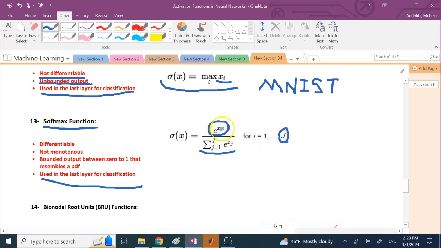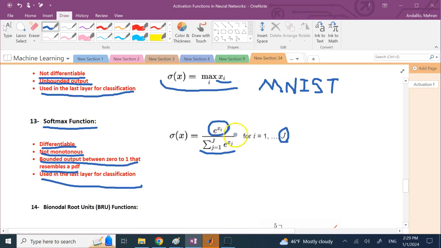For each entry, you take the exponential of that divided by the sum of the exponentials. And the good thing with this function is that it's differentiable. It's not monotonous like the previous one. And the output is bounded between 0 and 1, and it resembles a PDF.